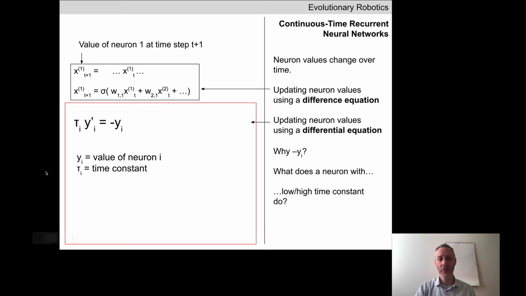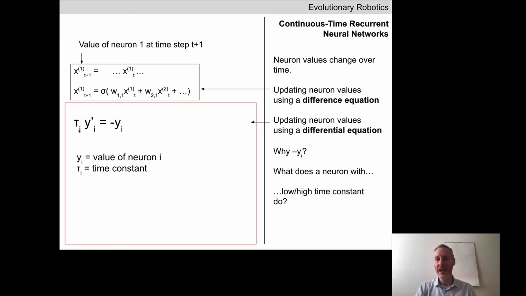So remember, we put the taus over here, and mentally in your head, we're just putting it on the left because it's easier to write this all out instead of writing it as a ratio. But if you divide both sides by tau sub i, you get y prime i equals minus y sub i divided by tau sub i.